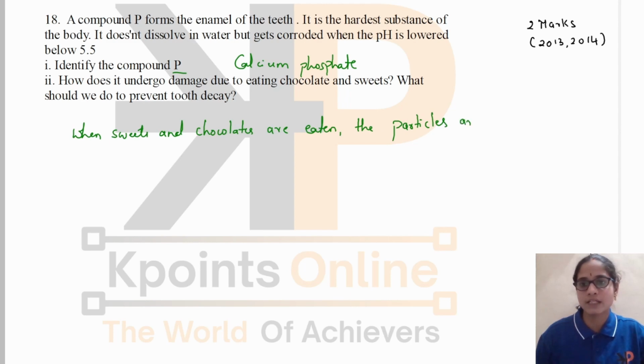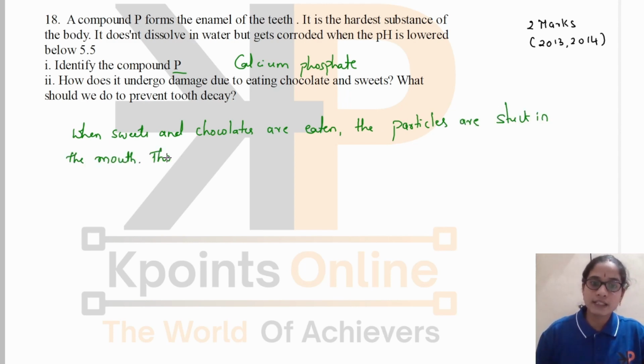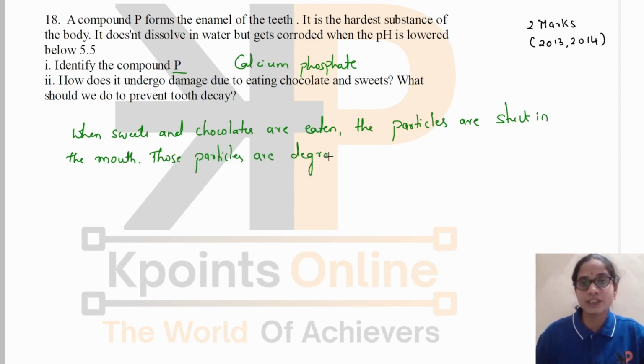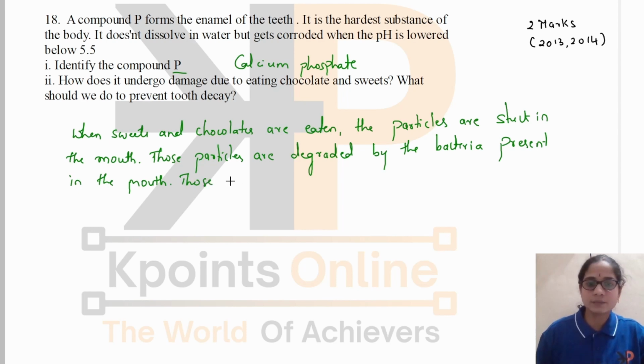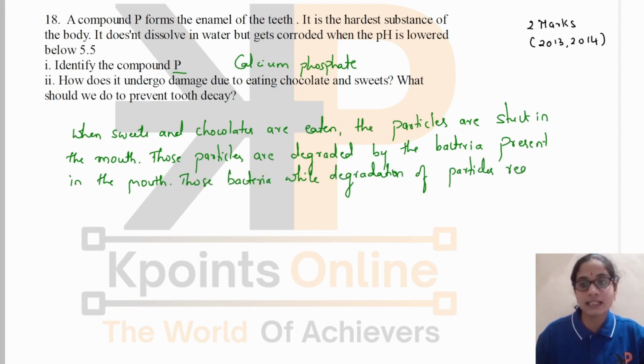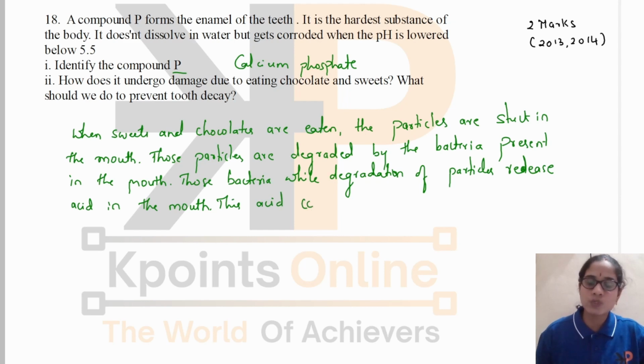Those particles undergo degradation by the bacteria present in the mouth. Those bacteria, while degrading the particles, release acid in the mouth. This acid corrodes the tooth enamel. So how has it happened?